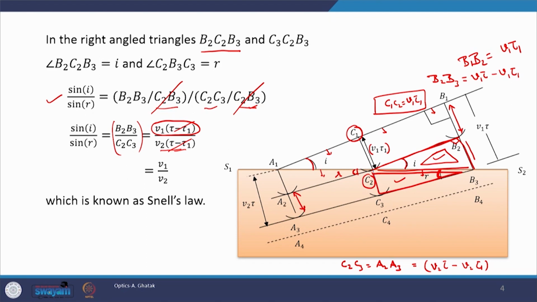Now you may see that in the figure we have this type of structures, which show the wavefront. The secondary wavelets emit from the wavefront.